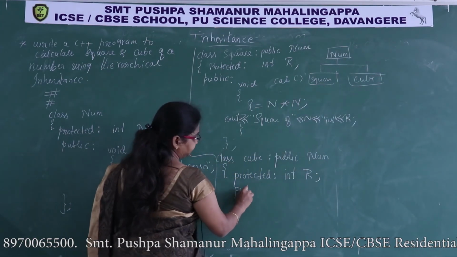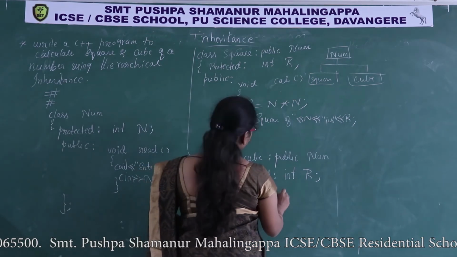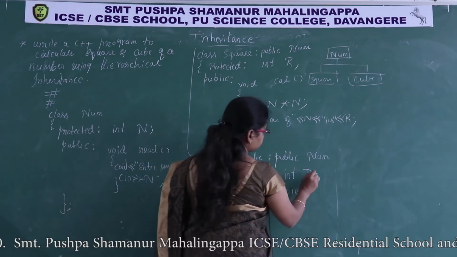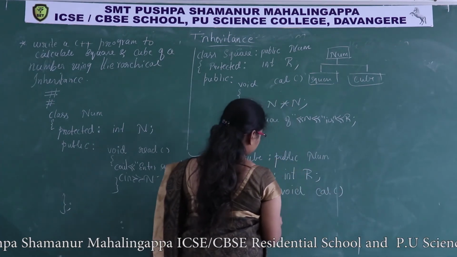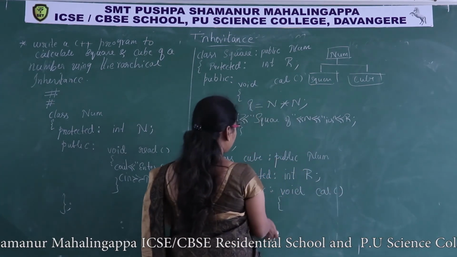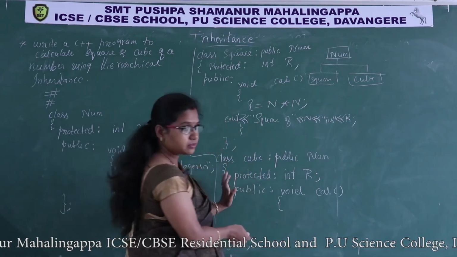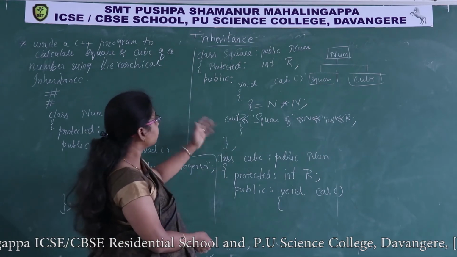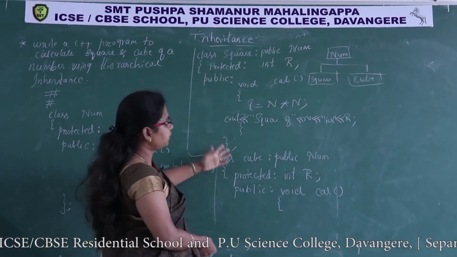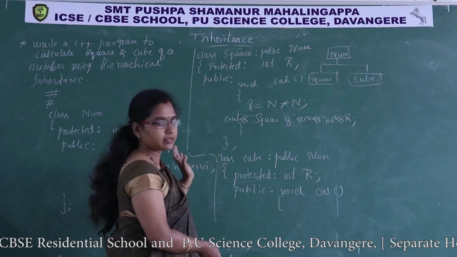Public void cal. This cal function belongs to the cube class, and that is different. That belongs to that class. There is no inheritance between these two classes. They are separate classes, so no ambiguity will arise.